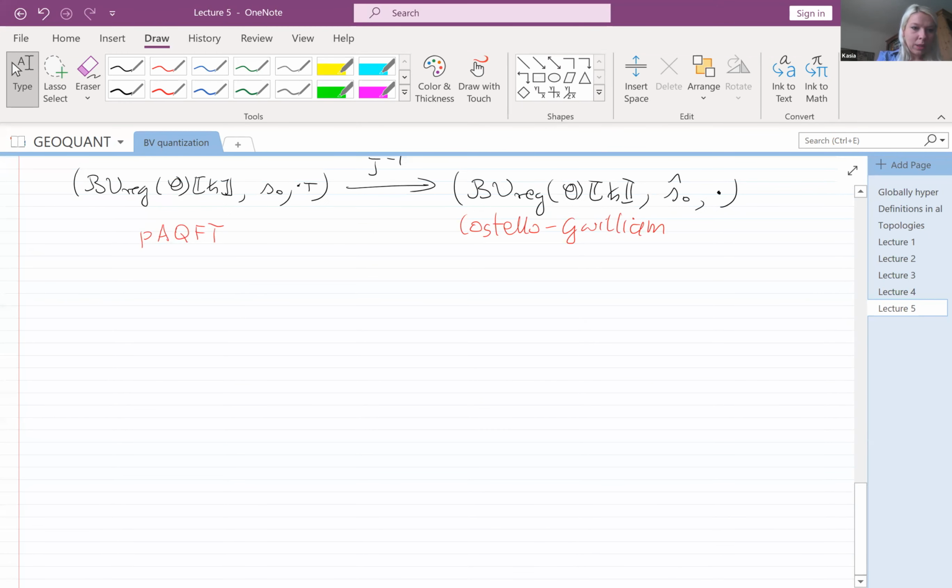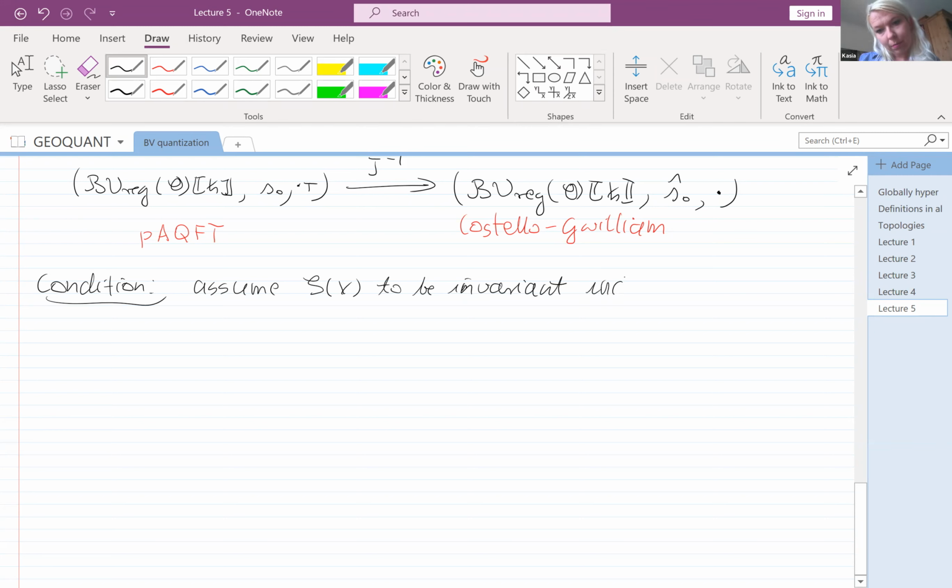So, as a condition on this whole construction to proceed, assume S of V to be invariant under S0. So how does it look? We have S0 on this time-ordered exponential, T_exp of iV over H bar, has to be 0.